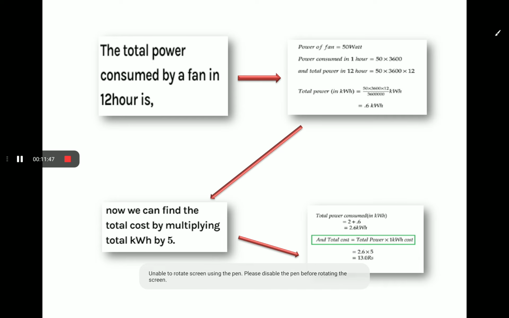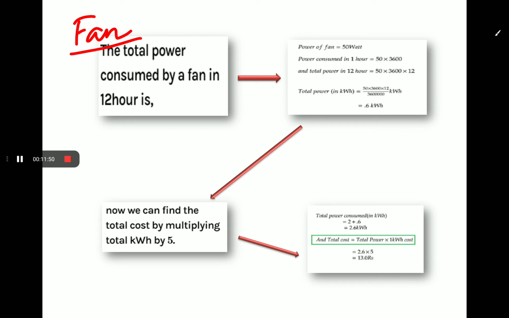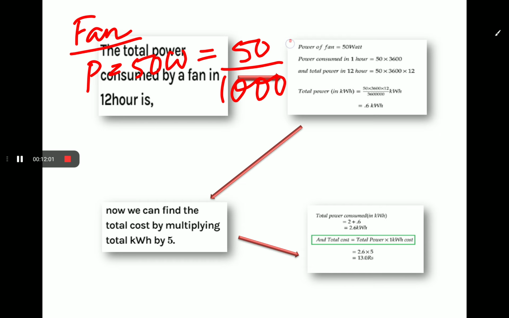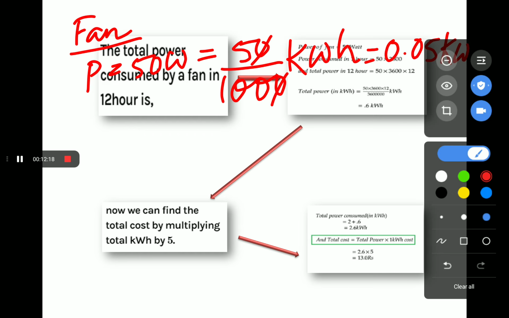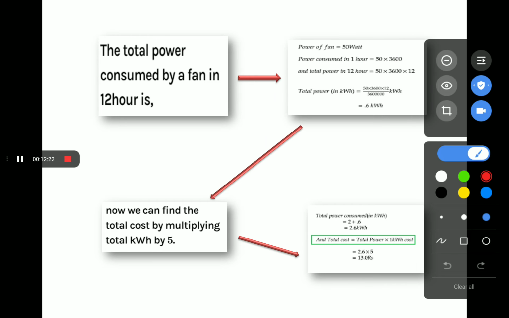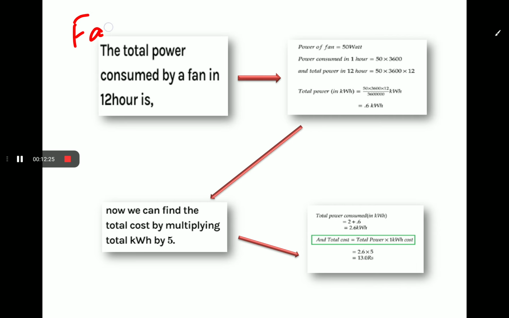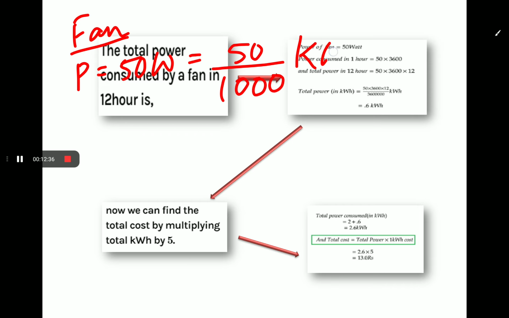For the fan, the power rating is equal to 50 watt and again we convert it into kilowatt, that is 50 by 1000 kilowatt.